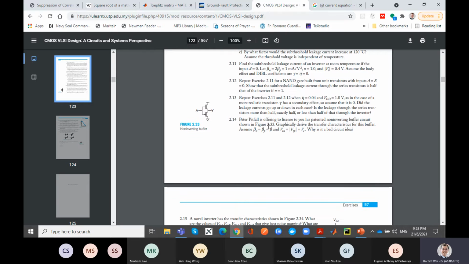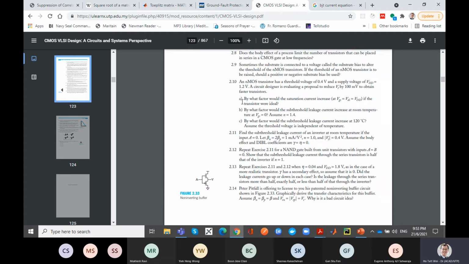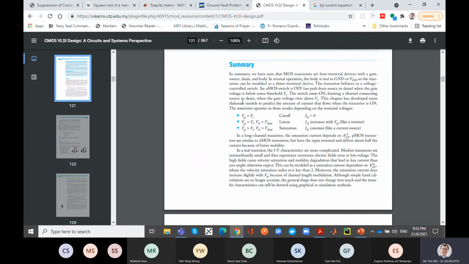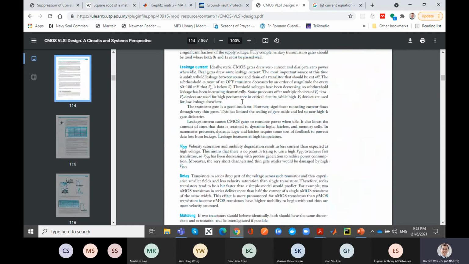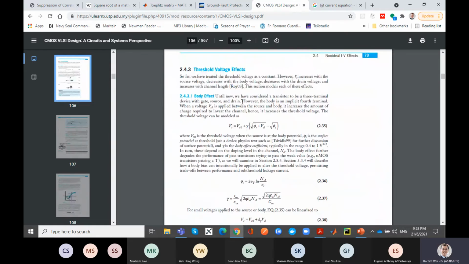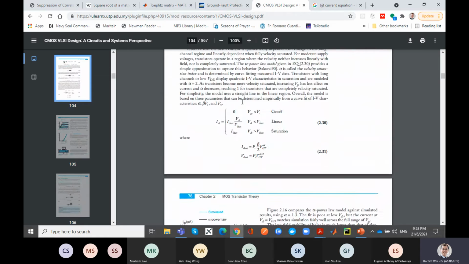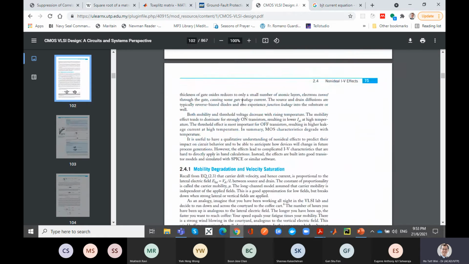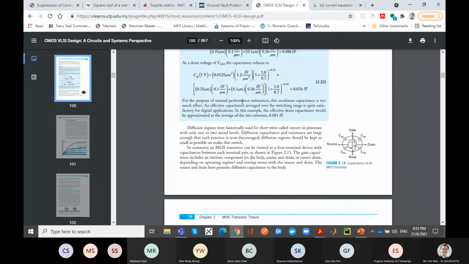This one is more like a toy problem to get you to understand what they call strong pull-up and weak pull-up. Let me try to explain it a little bit. Let me look for a MOSFET. Okay, this is a MOSFET.